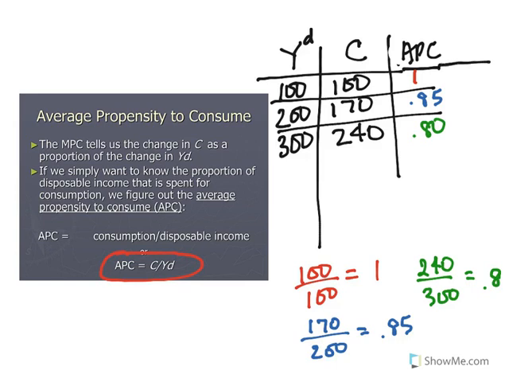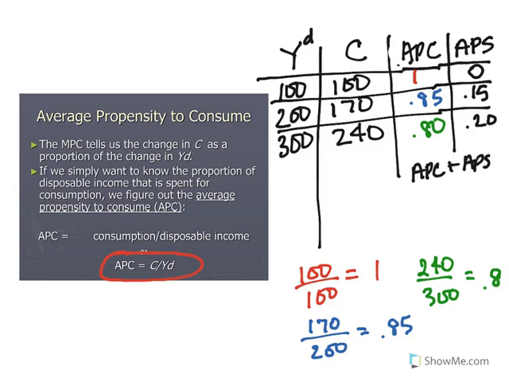In other words, if I take that data from the previous slide and then add in the APS right here, we said that the average propensity to save when disposable income was 100 was 0, when it was 200 was 0.15, and when it was 300 was 0.2. Notice that when we add the APC to the APS, we get a value of 1, meaning that, again, all the money is accounted for.